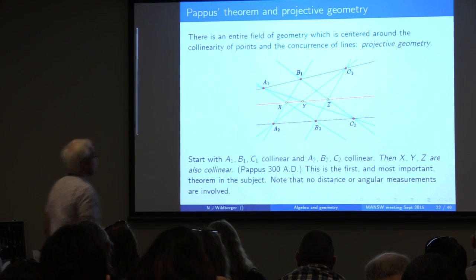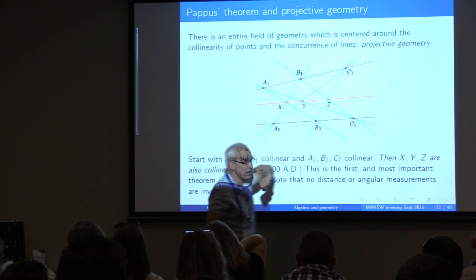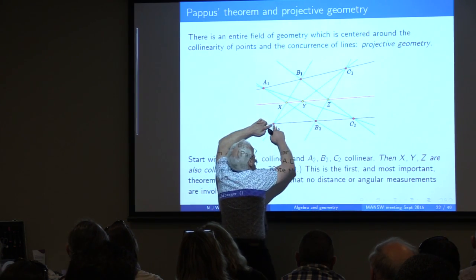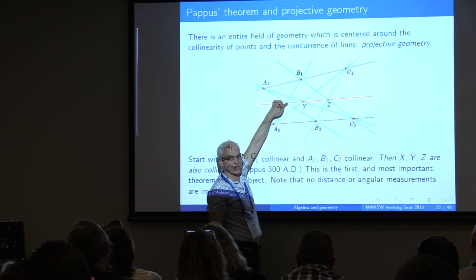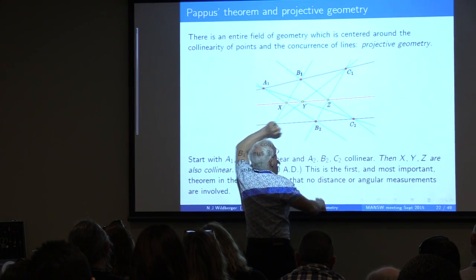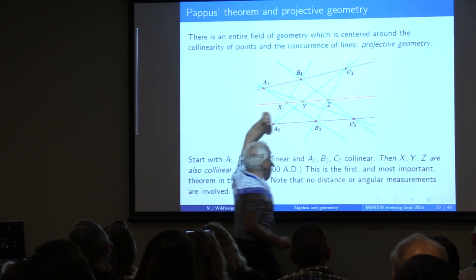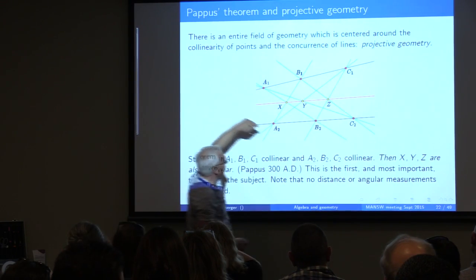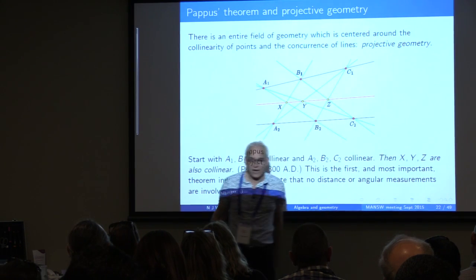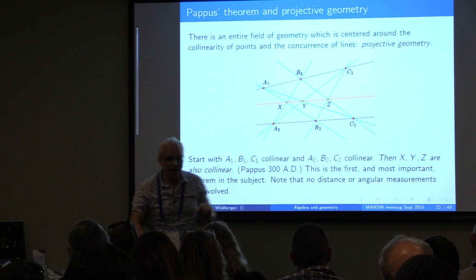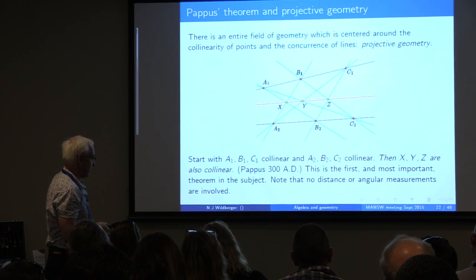And the statement is you have 2 lines, 3 points on the first line, 3 points on the second line, and then you join the A1, the A2 and the B1 point and the A1 and B2 point, and you get a point of intersection, call it X. You join the A2 and the C1 and the A1 and the C2, you get another intersection point called Y, and then you join the B2 with the C1 and the B1 with the C2, you get another point Z. And then Pappus's theorem is that these 3 points, X, Y, and Z, are always collinear.